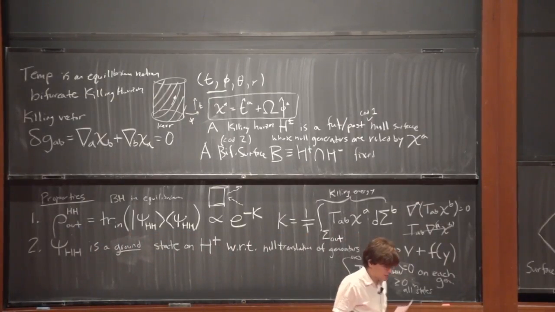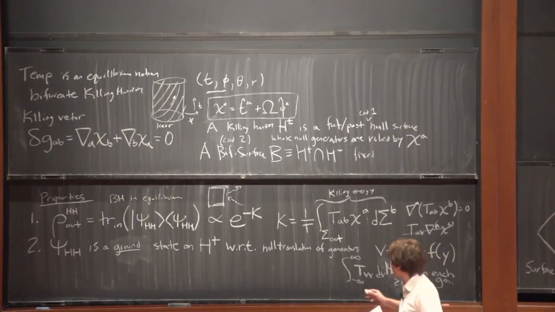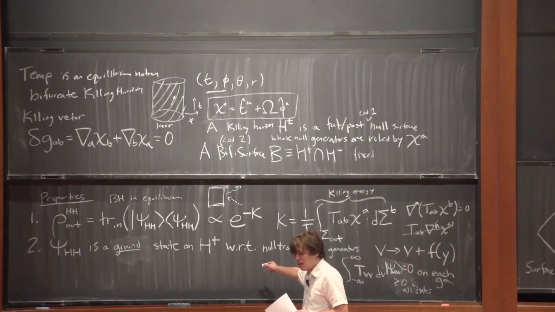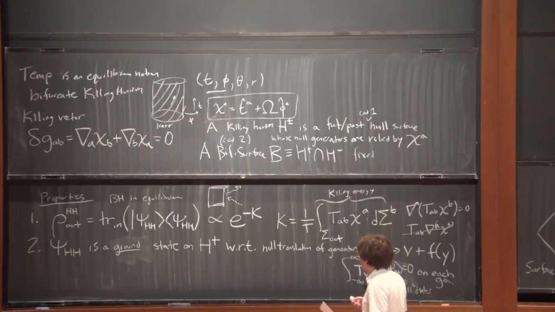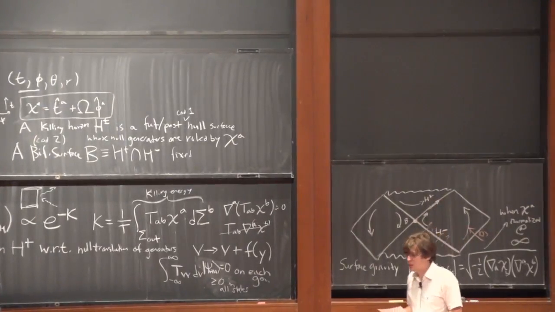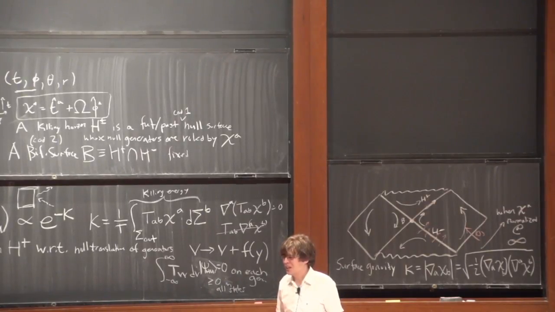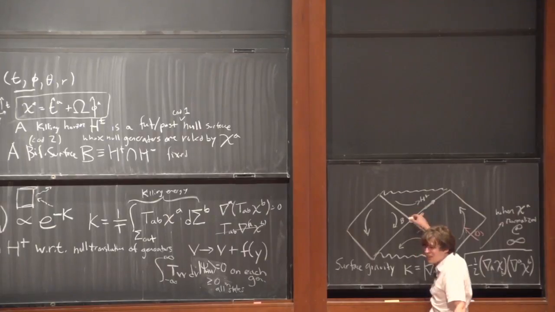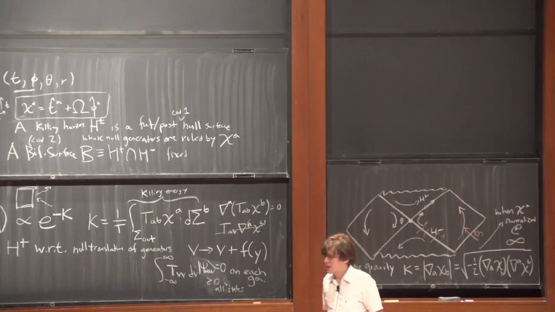I think it's easier actually to go in the opposite direction and to say that once you've defined that you're on a ground state, then to get that at least the state looks thermal on this horizon would be an analog of the Bisognano-Wichmann theorem that says if you have a ground state with respect to the energy and then you also have a boost-like symmetry, then you'll get a thermality property.